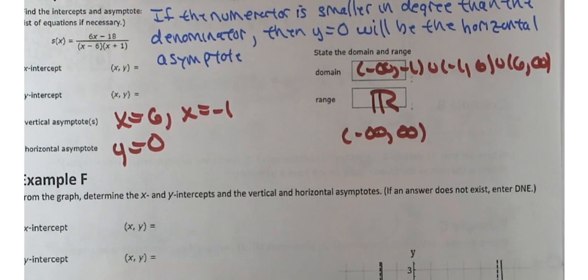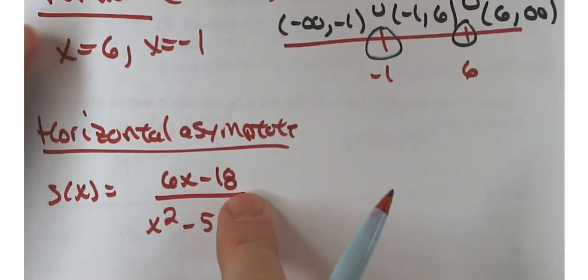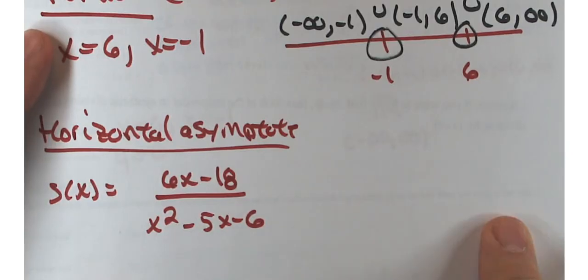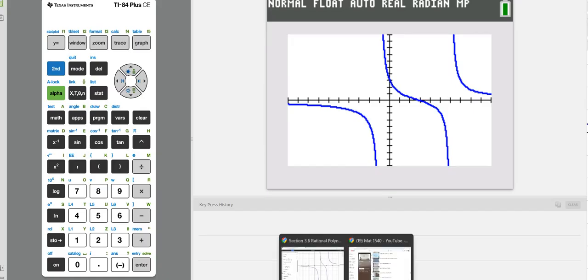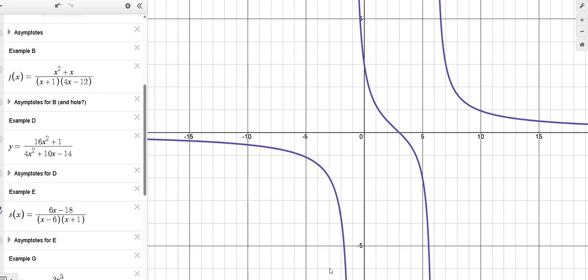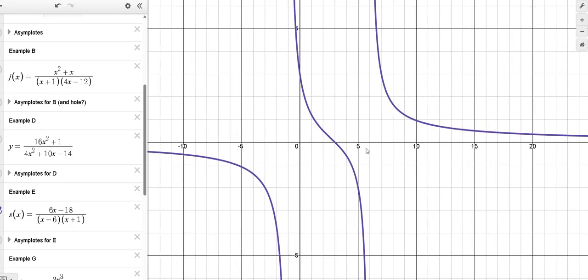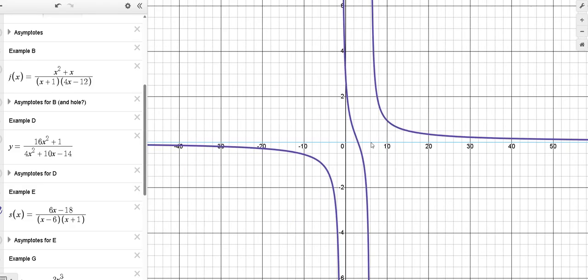Yes? So why is the horizontal asymptote 0? Because eventually this graph settles down and gets smaller and smaller and closer to 0. So let's take a look at it on our Desmos one. I think it's a little bit wider of a picture. Let me zoom out a little bit like this.